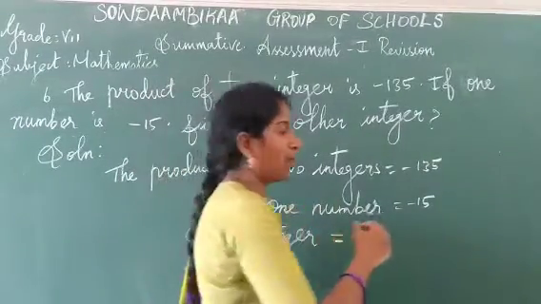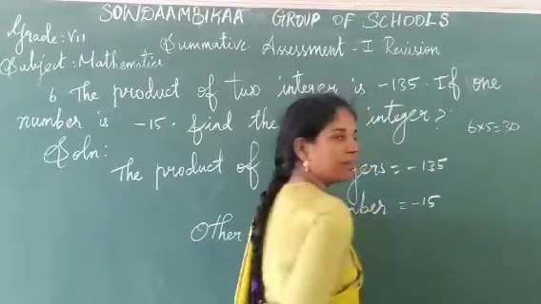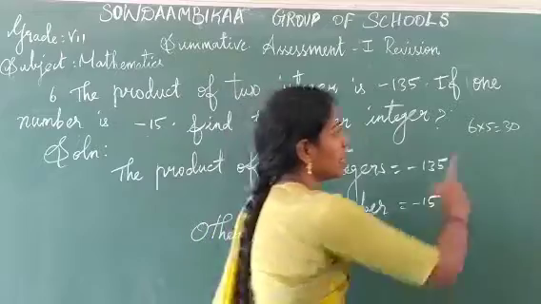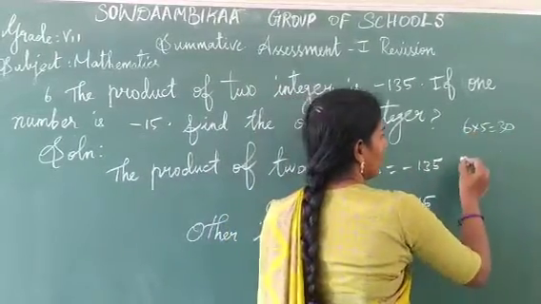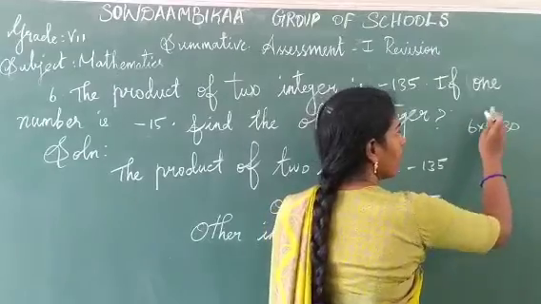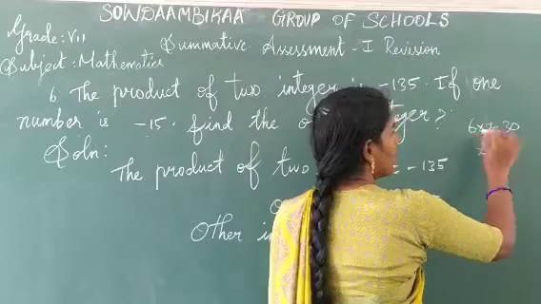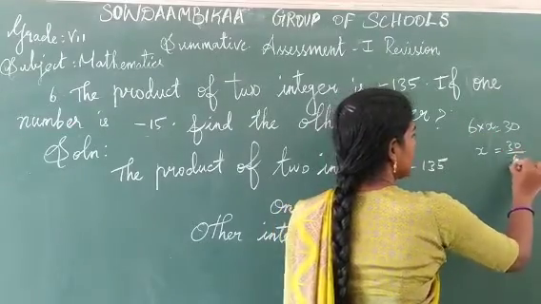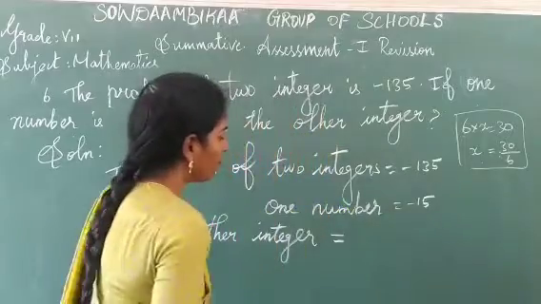For example, 6 into 5, 6 fives are 30. Okay, the product of two integers comes 30. Number 6 only is given. We have to find this number x. X means this multiplication goes to the other side as division. We have to use this method here also.